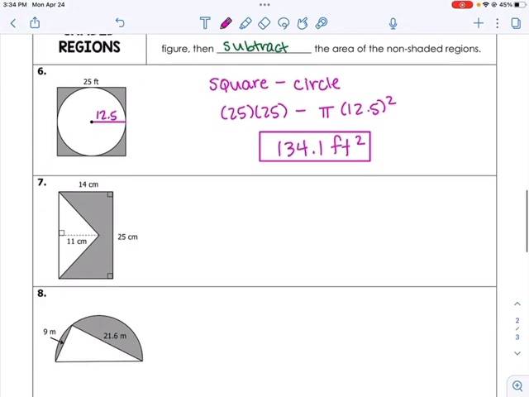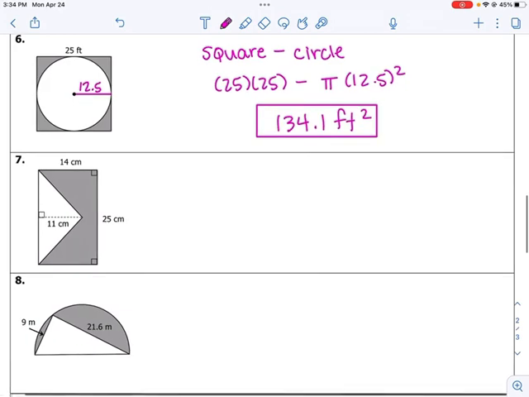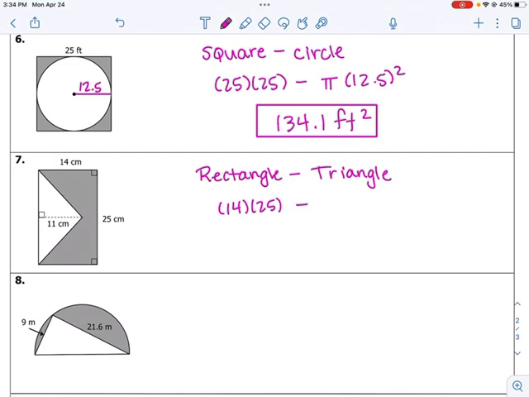Okay, last problem we'll do together is number 7. So number 7, our entire shape is a rectangle, and we need to subtract out the triangle. Okay, so it looks like our rectangle is 14 by 25. Okay, and our triangle would have a base of 25 and a height of 11.